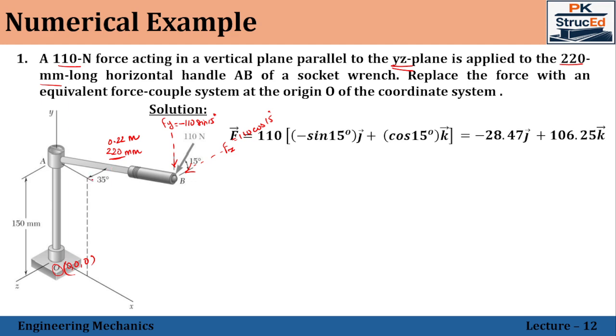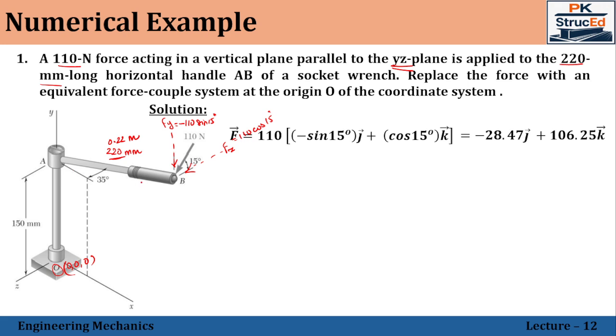If I am rotating about this point, it will be acting parallel to the x-axis and acting in the positive direction. So that coordinate will be 0.22 cos 35 degrees. Now regarding the y component, wherever it is acting, it is lying in the same vertical line, that is 150 mm. So y component will be 0.15 in terms of meter.